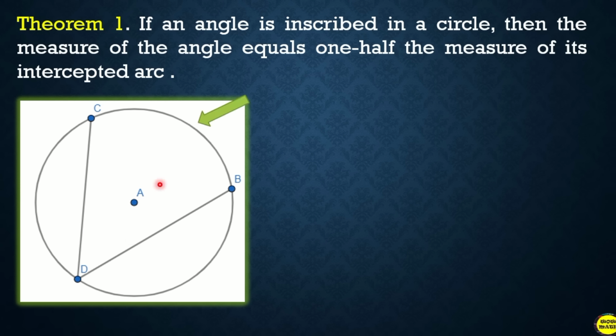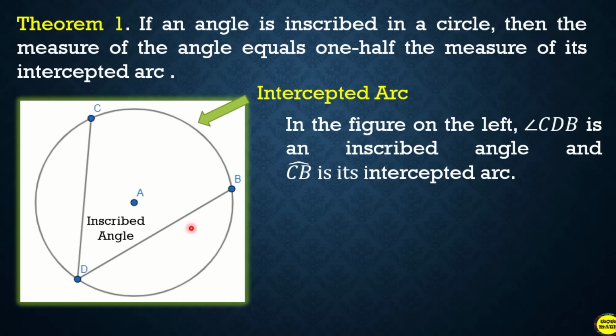The arc CB or arc BC is the intercepted arc, and angle CDB is our inscribed angle. So in the figure, angle CDB is an inscribed angle and arc CB is the intercepted arc.